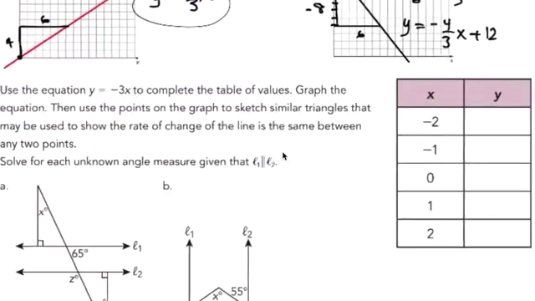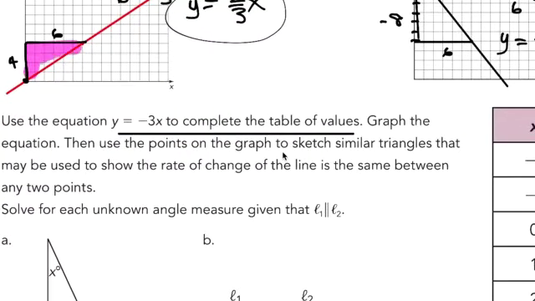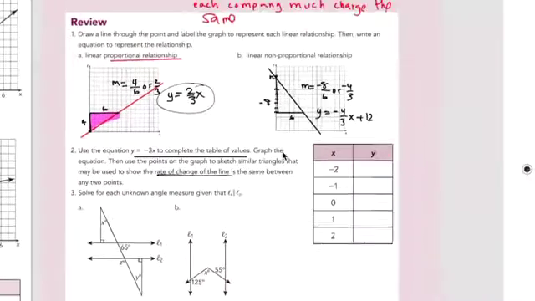Use the equation y equals negative 3x to complete the table of values. Graph the equation, then use the points on the graph to sketch similar triangles. These are triangles there, when they say you show the rate of change between the 2 points.